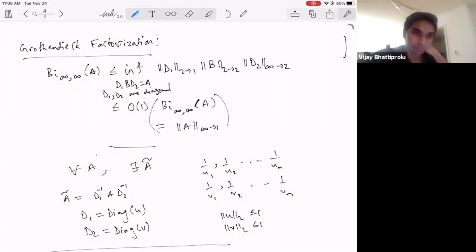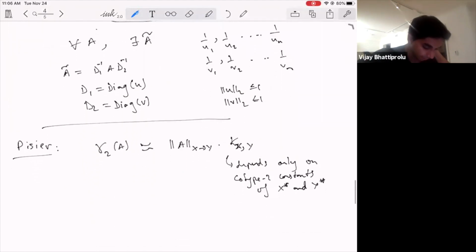In the PCA setting, which is the usual gamma 2 norm without these diagonal matrices, this is not computable in general, and sometimes it's not even approximately computable. However, in studying when it is computable, we obtain new algorithmic results. So we are still thinking of this factorization as a good intermediary to compute in order to approximate the bilinear maximum. And this relates to the algorithmic applications of these things.